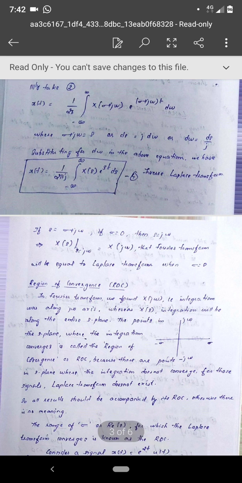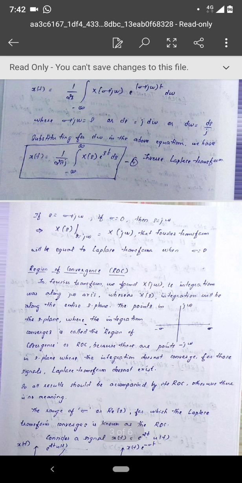So there are situations where the Laplace transform does not exist, namely when sigma becomes negative. When sigma becomes negative, the integration will not converge. So the convergence of the Laplace transform basically depends upon the value of sigma, which means the real part of s.